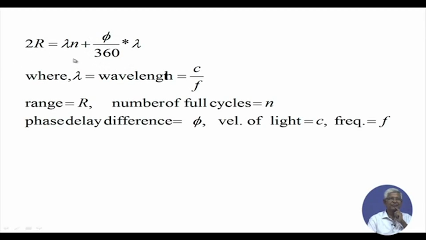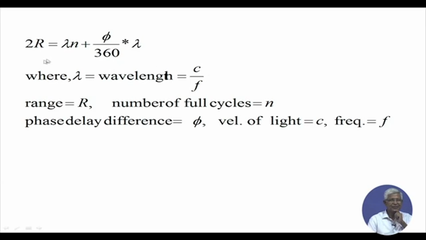So the phase difference will be n times lambda and a fraction of a lambda, which can be written as phi by 360. Lambda is the wavelength, which is c by f. Range is r, the number of full cycles is n, the phase delay difference is phi, the velocity of light is c, and frequency is f.